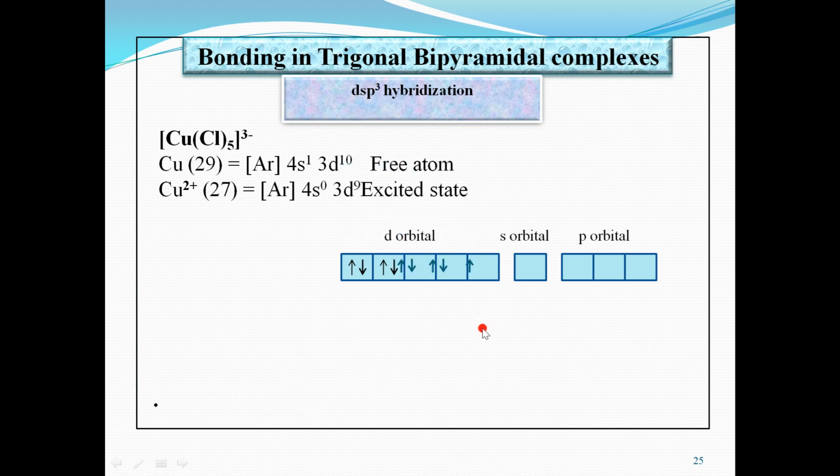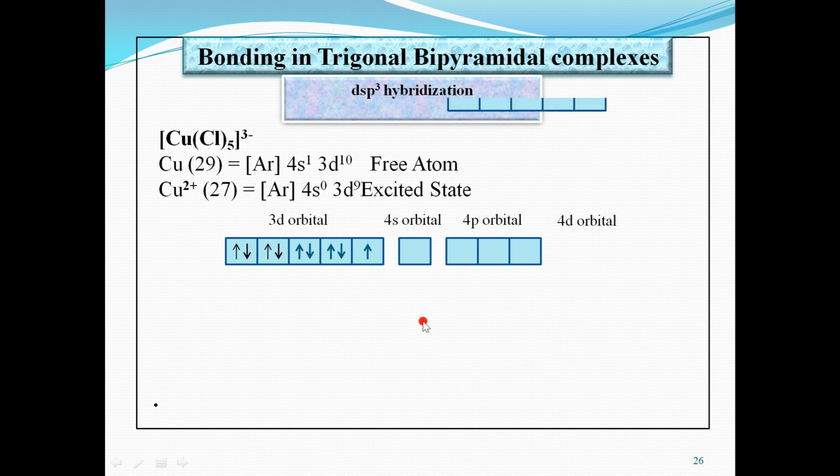Now this is a Cu2+ ion. Copper has the 2 plus charge because chloride has the minus 5 charge, and the overall charge is 3 minus. Ultimately copper has plus 2, minus 5 equals the overall charge of minus 3. So here copper has oxidation state plus 2, and the electron configuration of Cu2+ is 4s0 and 3d9. So we have 9 electrons in the ground state electron configuration.